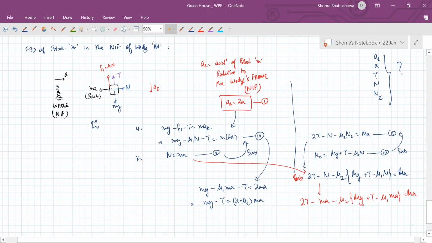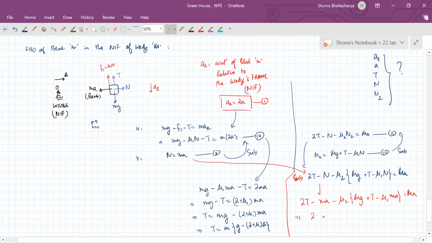So now between this equation and this equation, we'll eliminate the tension. From here, we can write the tension as mg minus (2 plus mu1) mA. So we will now substitute that over here. But before we do that, let's just tidy up this equation a bit.